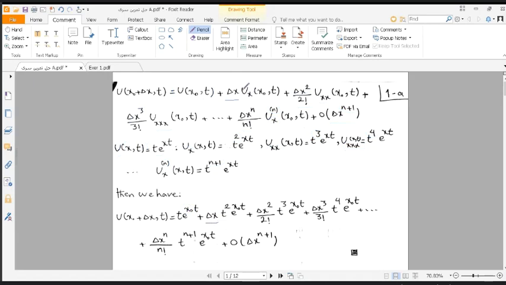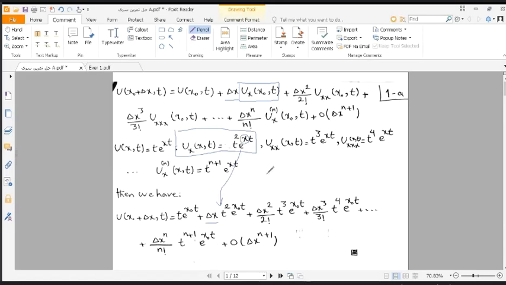We have u respect x at x0 and t. u respect x is t squared e power xt. In this expression, we put x0 instead of x, and we have t squared e power x0 t.